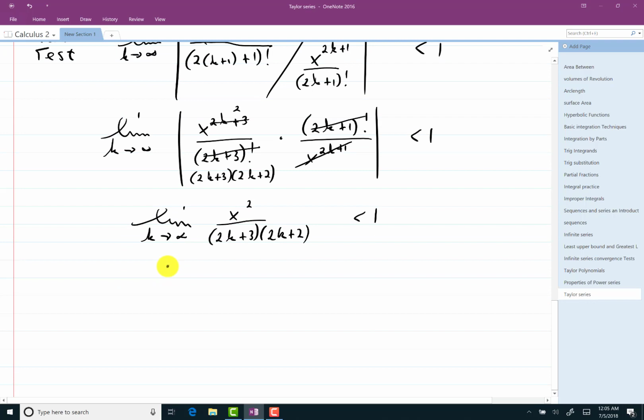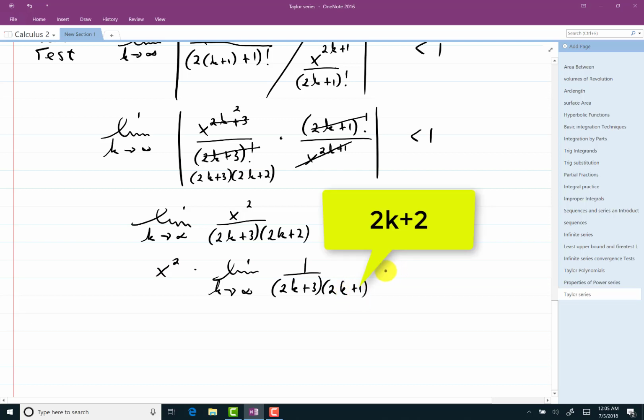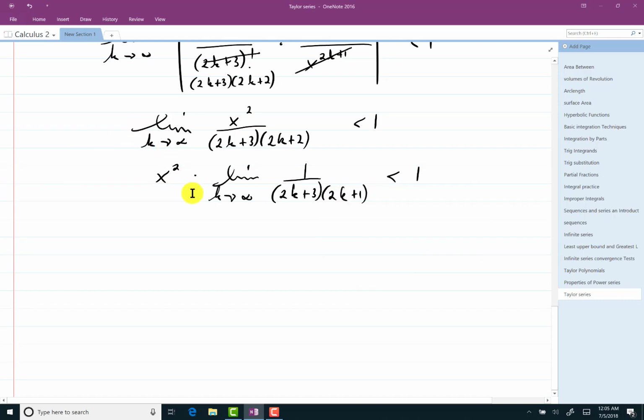So I'll have x squared times the limit as k goes to infinity of 1 over 2k plus 3 times 2k plus 1, and that's supposed to come out to be less than 1. But this limit is 0 because I'm going to have 4k squared. It doesn't matter. The variable's in the denominator. The thing's going to go to 0 if the top is just a constant. So I'll get x squared times 0 is less than 1, and that's true.